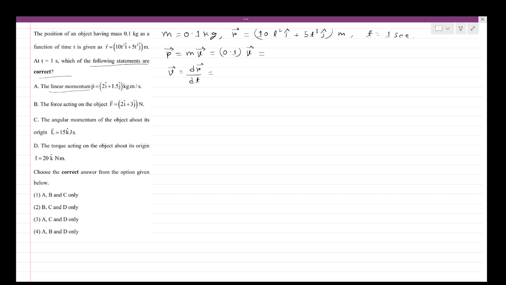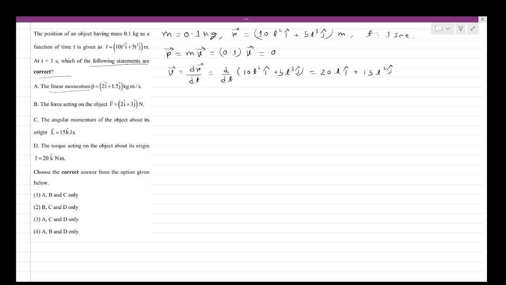So it is equal to d/dt of 10 t square i cap plus 5 t cube j cap, so equals 20 t i cap plus 15 t square j cap.